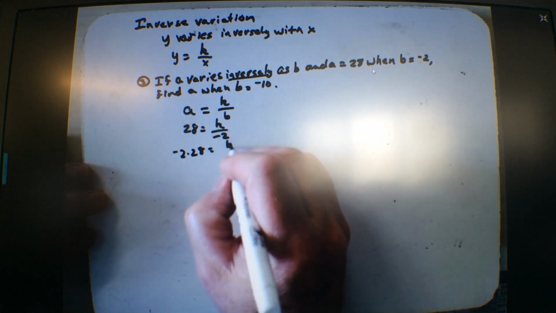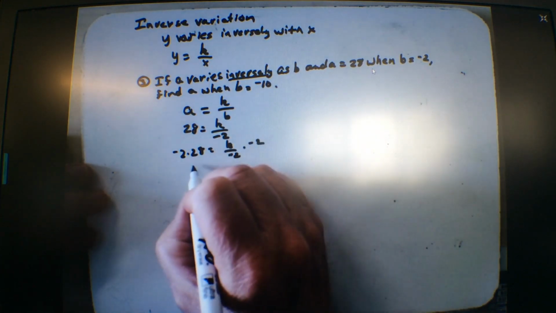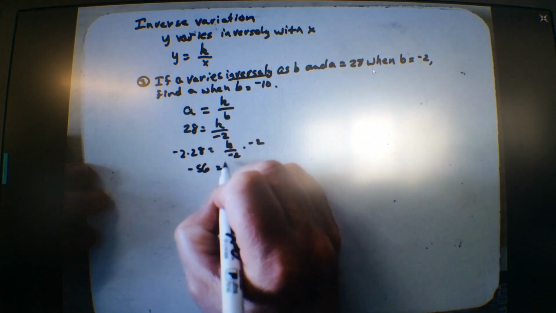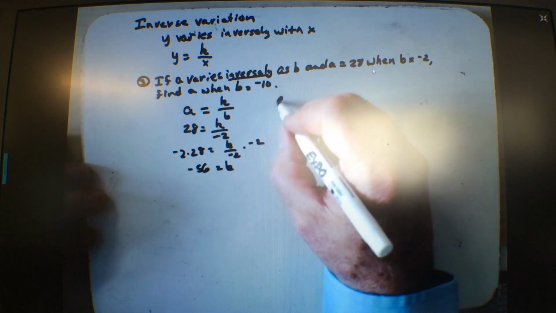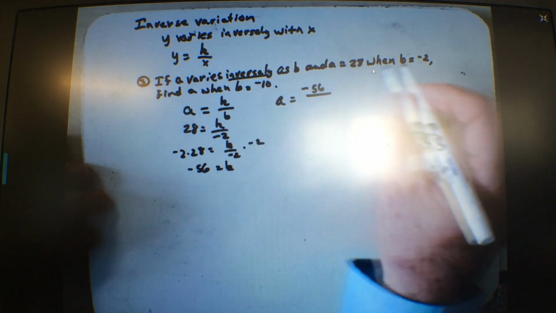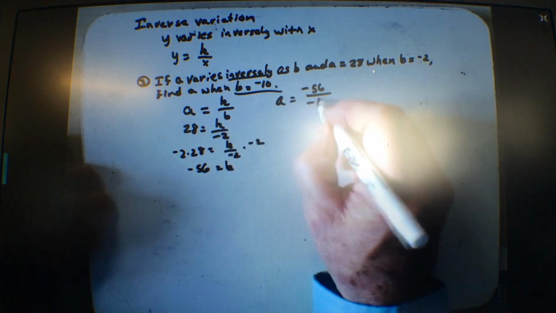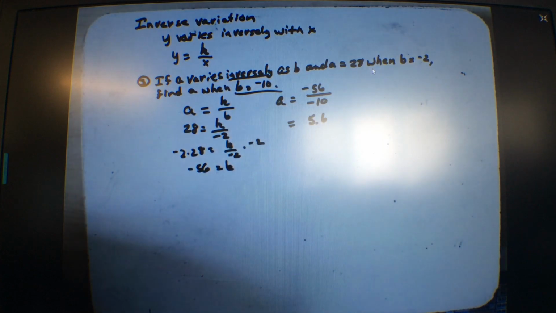We get negative 56, right? And then we can substitute that in, and we can find A when k equals negative 56 over B, in this case a negative 10, and that would be 5.6. Is that true? Okay. Or 5 3/5, whatever. All right?